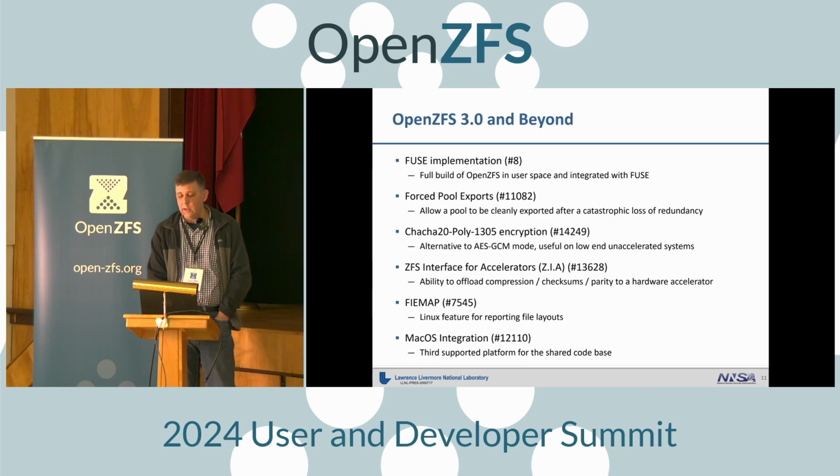We keep getting closer and closer to it as we improve the user space support in ZFS, but we haven't quite fully integrated a full independent implementation that all runs entirely in user space as FUSE. We laid the groundwork for a lot of that when we did the work for FreeBSD and Linux and splitting it up. You could imagine another supported platform there being just FUSE and a full user space build.